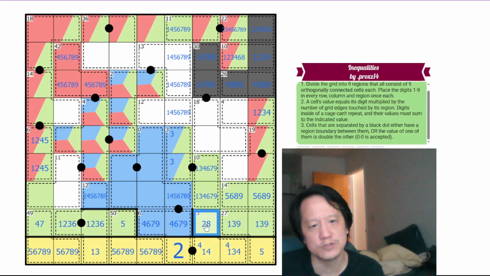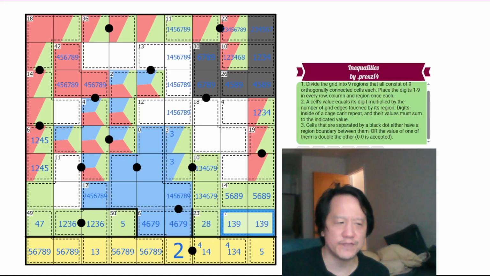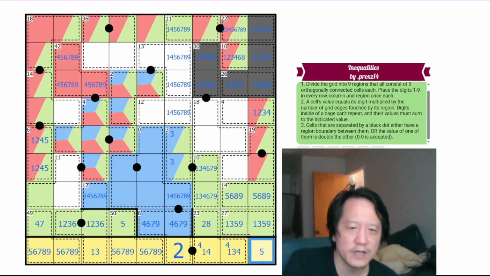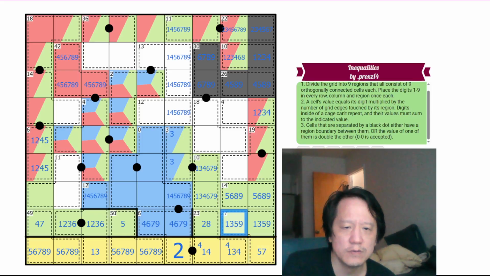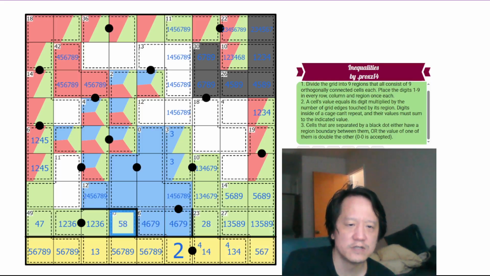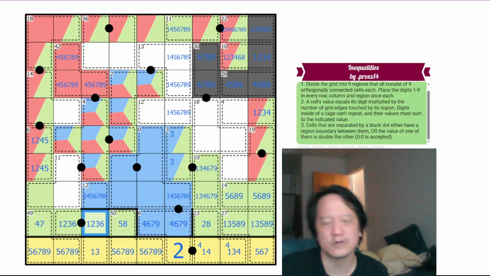That's 3, 4, and 2. So this could still be 1, 5, and 7. And 1, 8, and 6. So those could both work. Dang it. I was hoping that would not. Okay. Well, anyways.